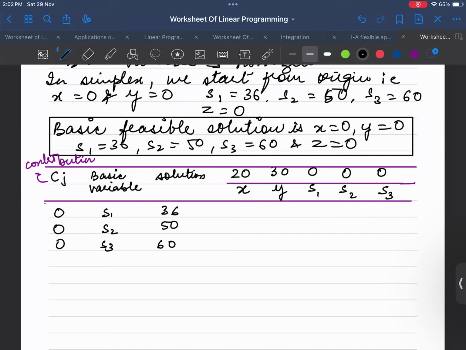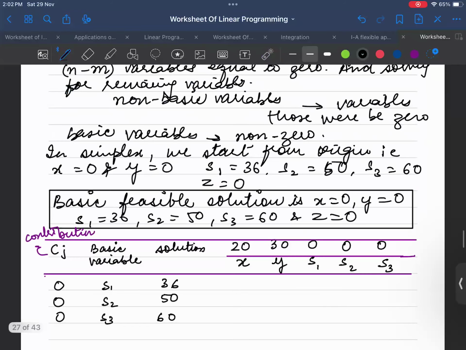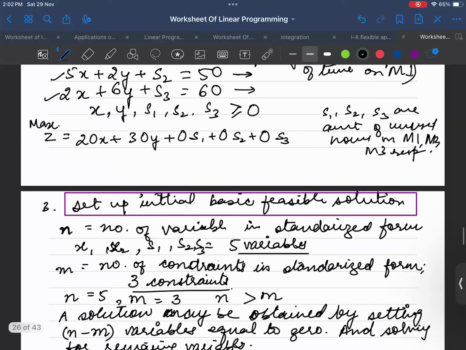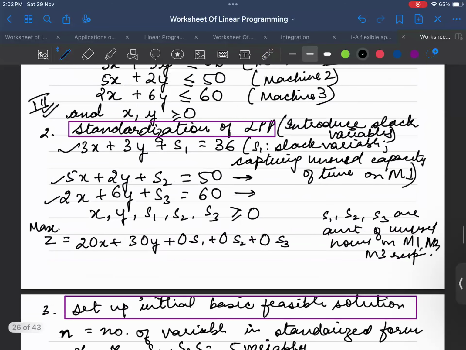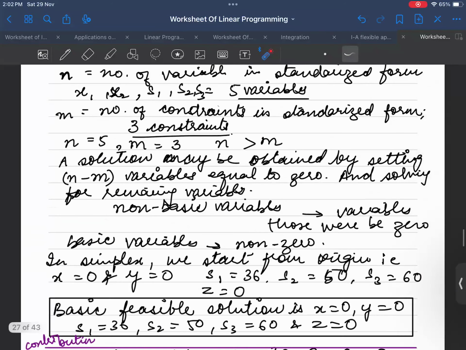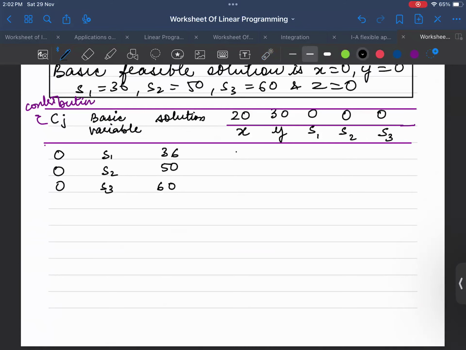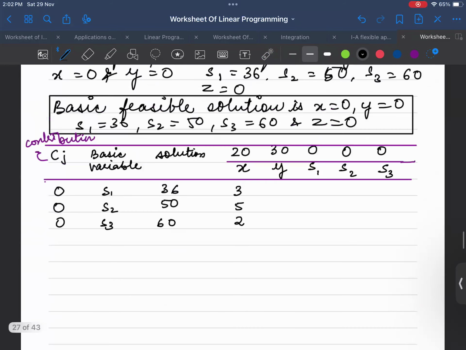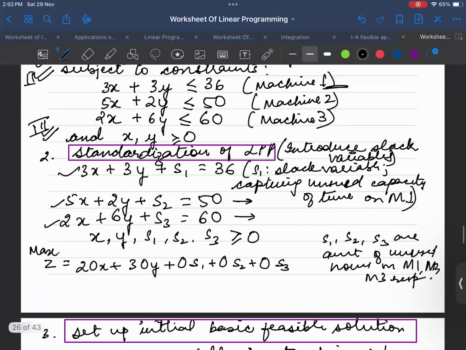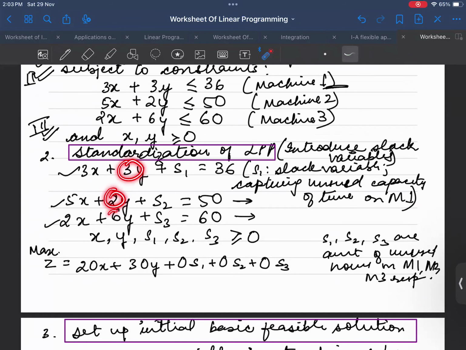Now, these are the coefficients which we will write. For x, the coefficient, come to the standardized equation, is 3, here 5, here 2. Right? 3, 5, 2. So I'm writing 3, 5, 2. For y, again check the standardized equations: 3, 2, 6.